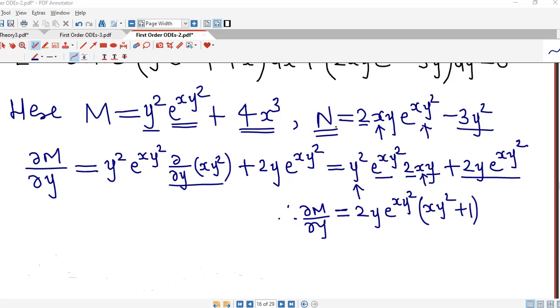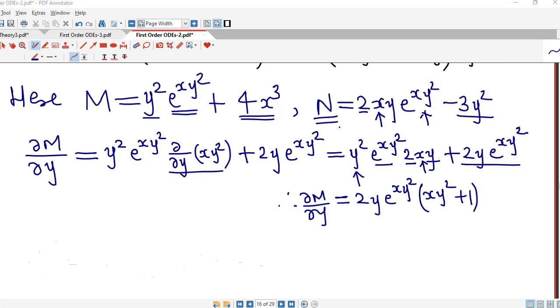Now we differentiate capital N with respect to x, considering y as constant, del N by del x. So in capital N we consider this 2y as constant, and this x and e raised to xy square are dependent on x, so we have to apply product rule.